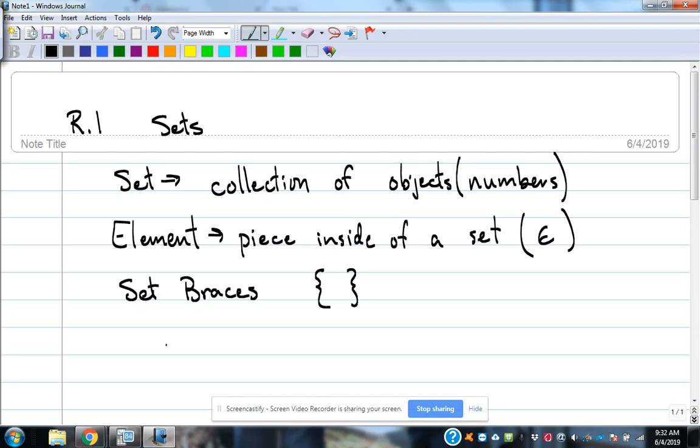So an example of that would be, we could have a set. We might call that set S, and it's equal to this set of objects: 1, 2, 5, and 7. Just making up that, really those numbers don't mean anything. They're just pieces of that set.